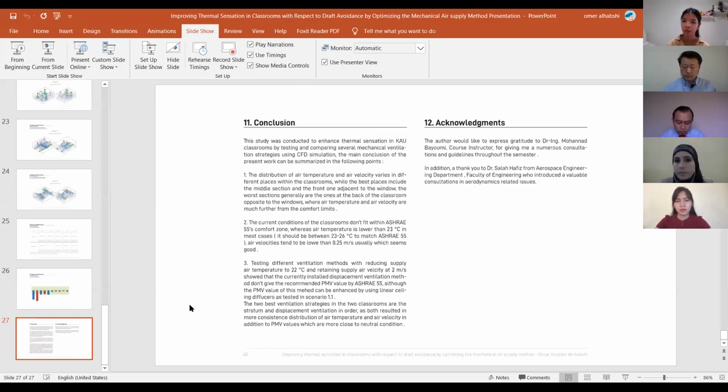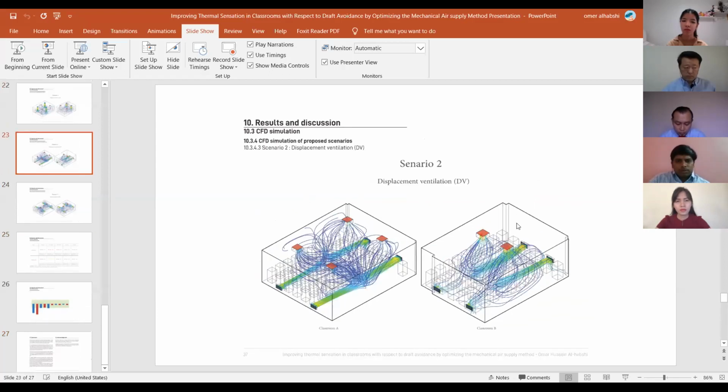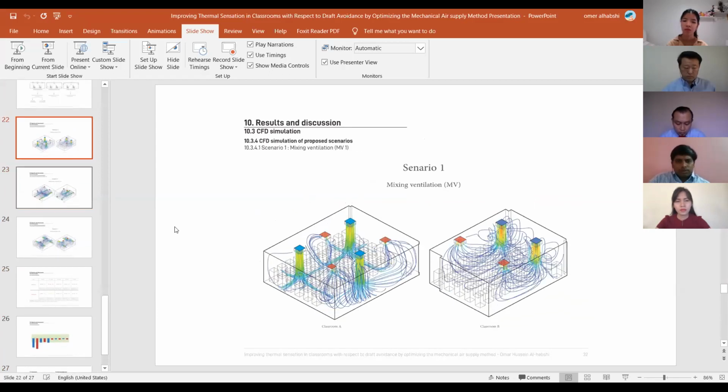Yes, please. So, Mr. Omar, the only difference between the DV system and the stratum was the location of the supply duct, isn't it? The location of the supply of the air. The DV system, displacement ventilation, and the stratum.